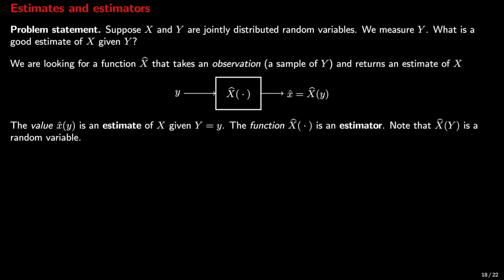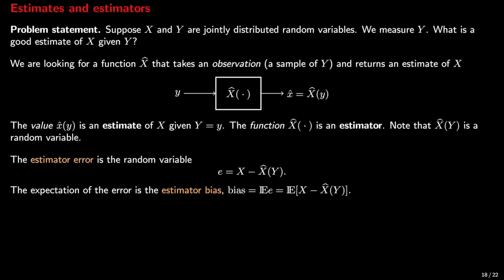Given a value little y, the value little x hat is called an estimate of x given the fact that y is equal to little y. The function big X hat is called an estimator, it's a function. And here note that big X hat of big Y is a random variable.